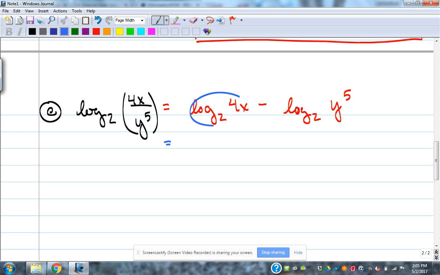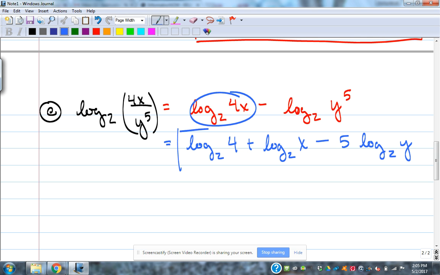Well, log base 2 of 4 plus, minus what? Good job. And that's expanded as far as it'll go.